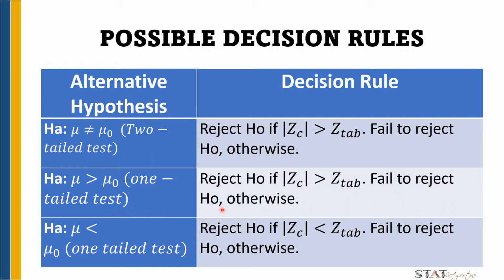Fail to reject H0 otherwise. And if your alternative is that the population mean is less than your hypothesized value, also a one-tailed test, reject H0 if Z computed is less than Z tabulated. Fail to reject H0 otherwise. The null hypothesis is usually that there is no significant difference or relationship, so what is stated here is only your alternative hypothesis. Please take note of that.